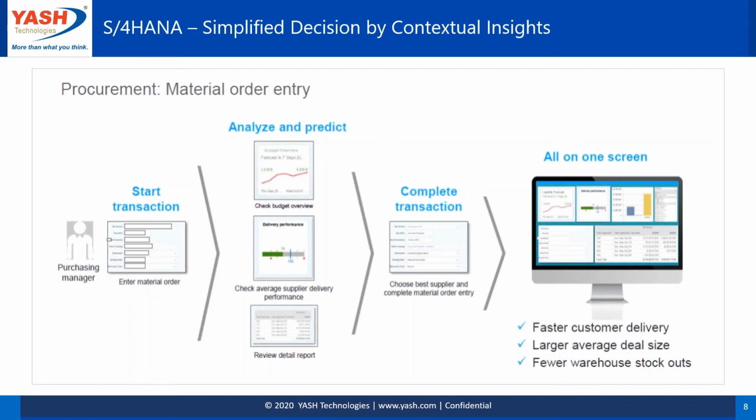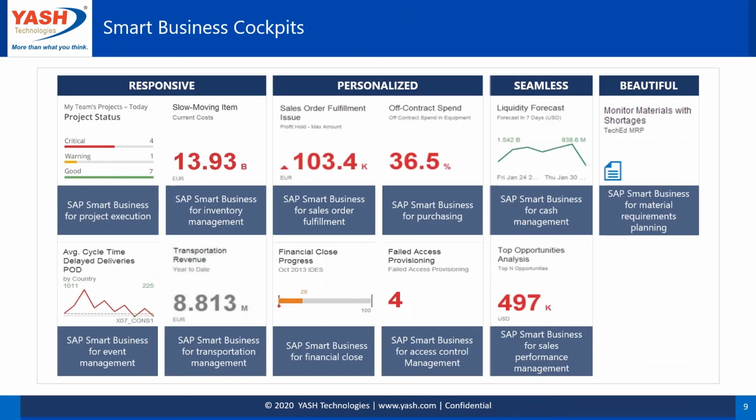So now let's move on. That's one example of simplification. There are numerous. Then what about the smart UI? The smart UI and intuitive kind of things, red, green, yellow kind of annotation. So you know where the fire is or where to douse it. So you quickly can go if you're either a CFO or any CXO or a departmental head. So you have the right kind of smart business cockpits, which drive you strategically and also at an operational layer.